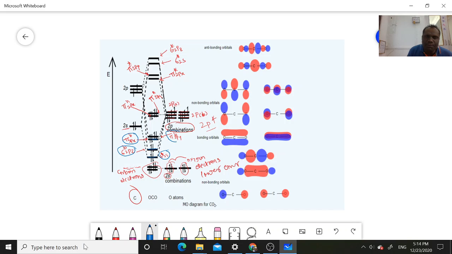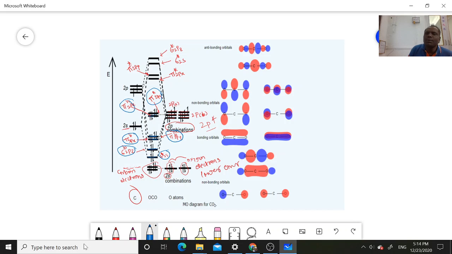Another orbital is the pi 2py bonding molecular orbital, as we have seen some time before. Bonding and antibonding molecular orbitals are forming. Now this orbital is the pi 2px non-bonding molecular orbital, and this orbital is the pi 2py non-bonding molecular orbital, right?